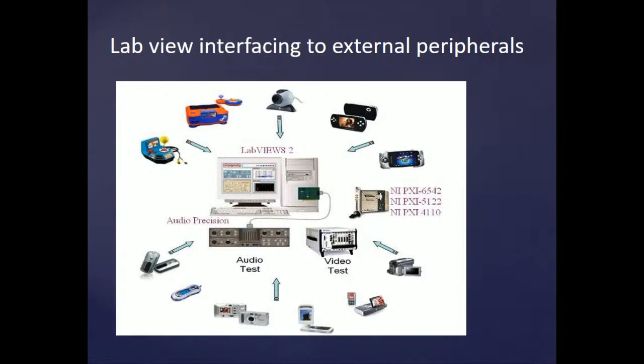So through LabVIEW, with the help of the system, we can connect many kinds of external devices for simulation or working, such as web camera, PlayStation, mobile phones, CRO, hard disks, or network connectivity. Then for audio signals, we can also connect audio amplifiers. In order to get a 3D view, we can control it with the help of joysticks.